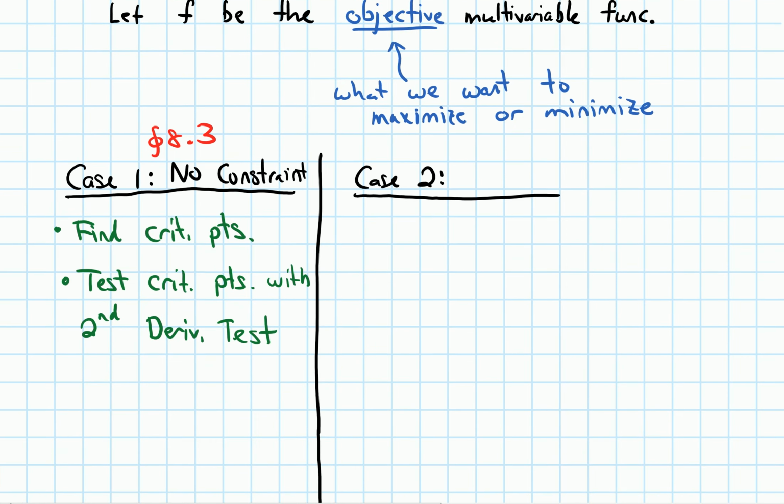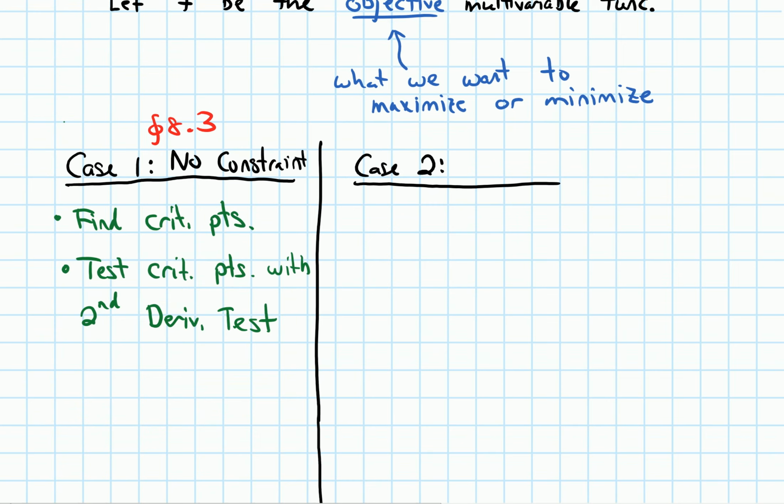Okay, and then the second case is, what if I have a constraint along with my objective equation? The convention we've used for writing the constraint is we call it g. So what if I have a function g of some variables x, y? Maybe there are more variables.